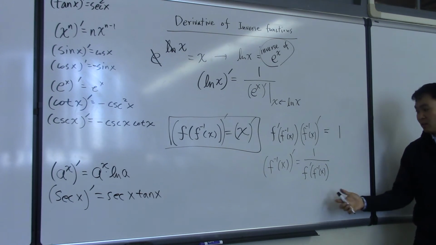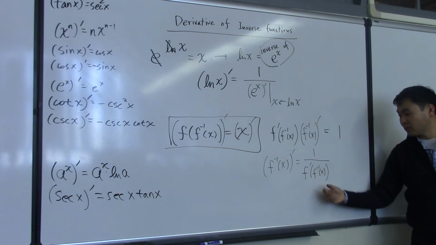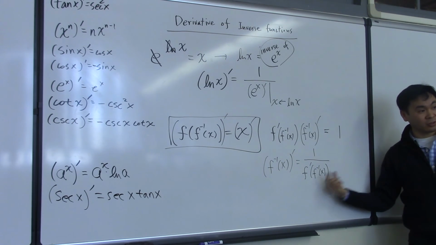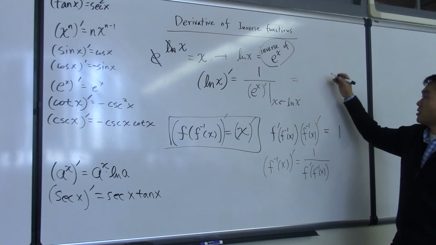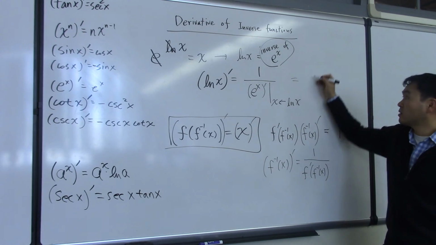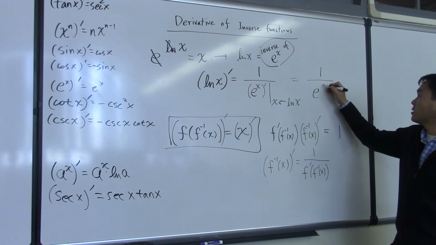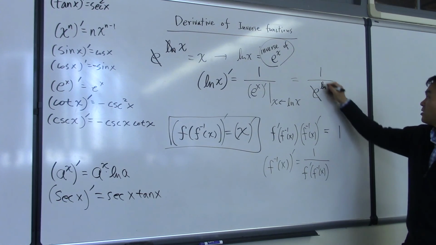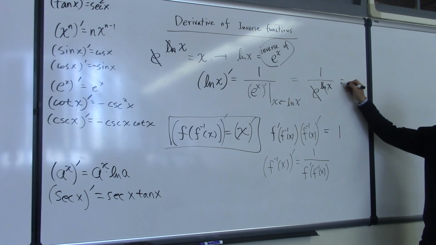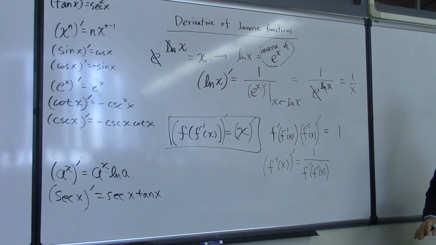That's what it means, right? After differentiating f, you have to plug in the inverse function into it. So what does that mean? What's the derivative of e to the x? E to the x. And inside x, what should we plug in? ln of x. Now, don't they cancel? So what do we get? 1 over x. So we get that the derivative of log x is 1 over x.